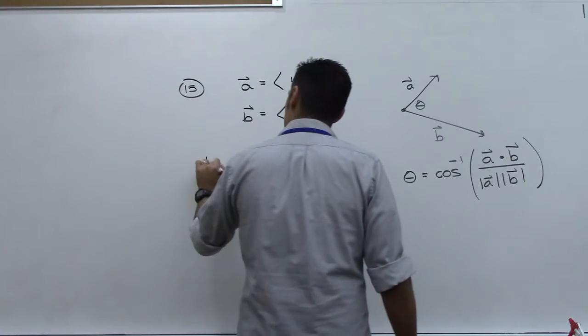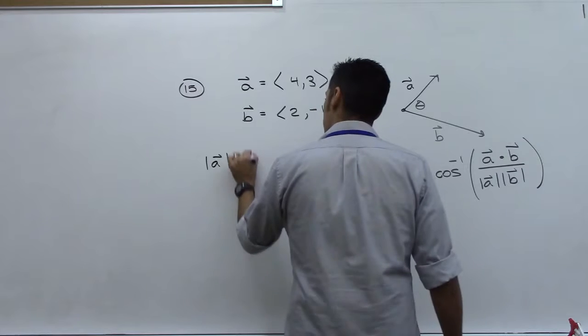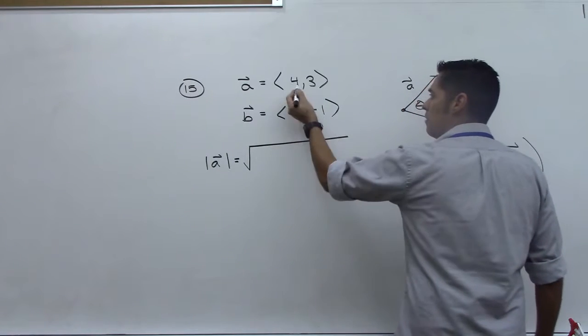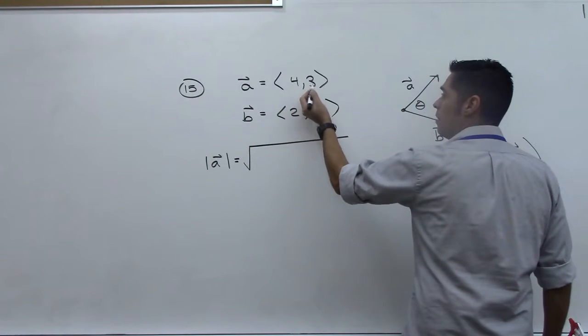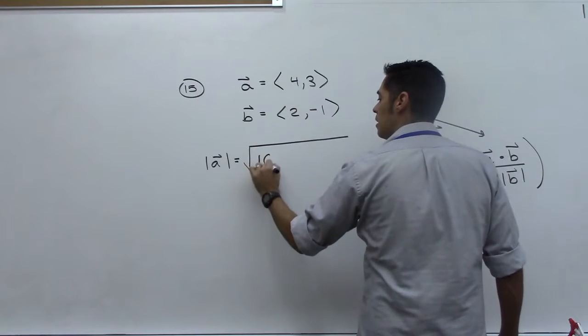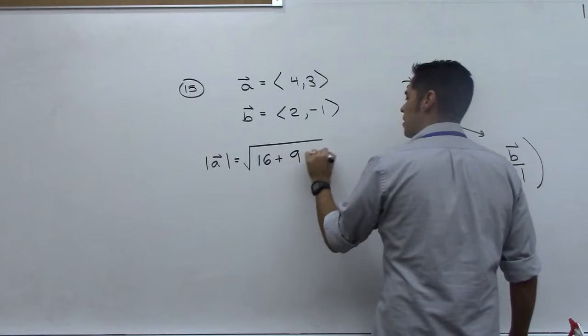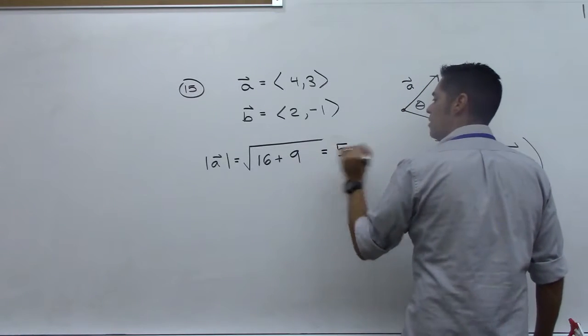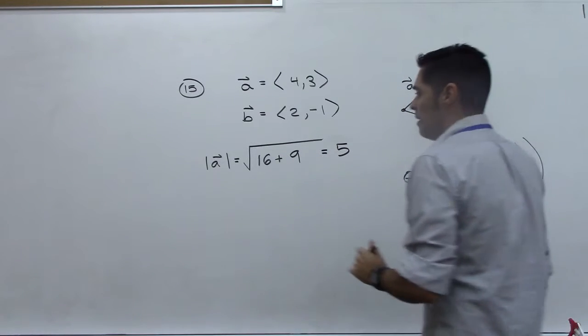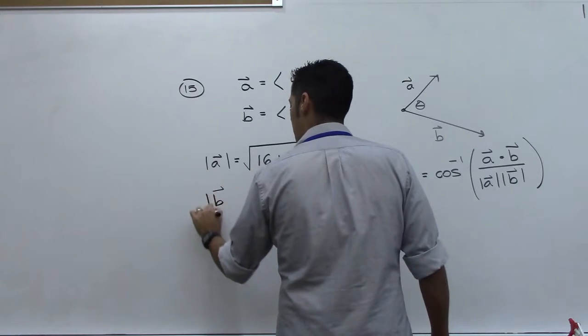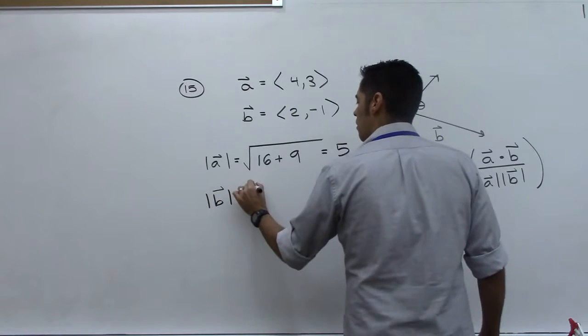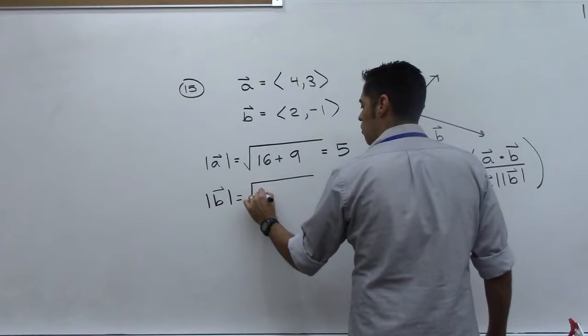The length of A is the square root of the sum of the squares of the components. So I'm going to square 4, get 16. I'm going to square 3, get 9. Add these together. Square root of 25 is 5. So the length of A is 5. The length of B is the square root of, let's see, 2 squared, 4.